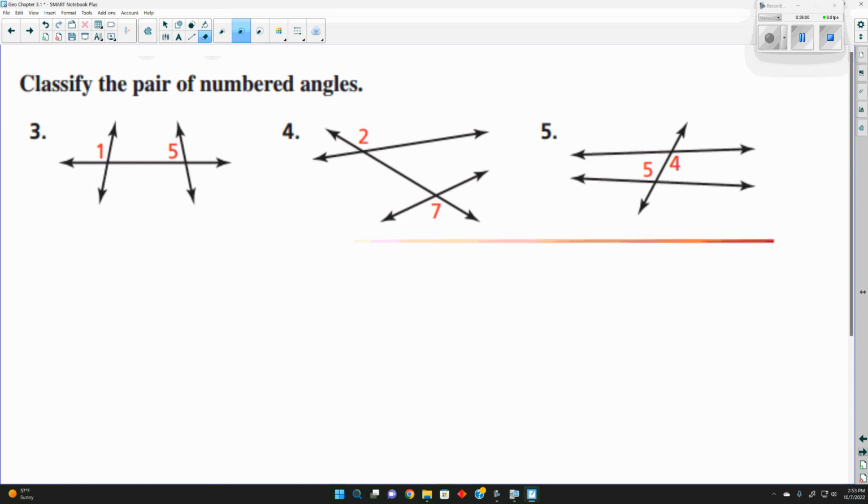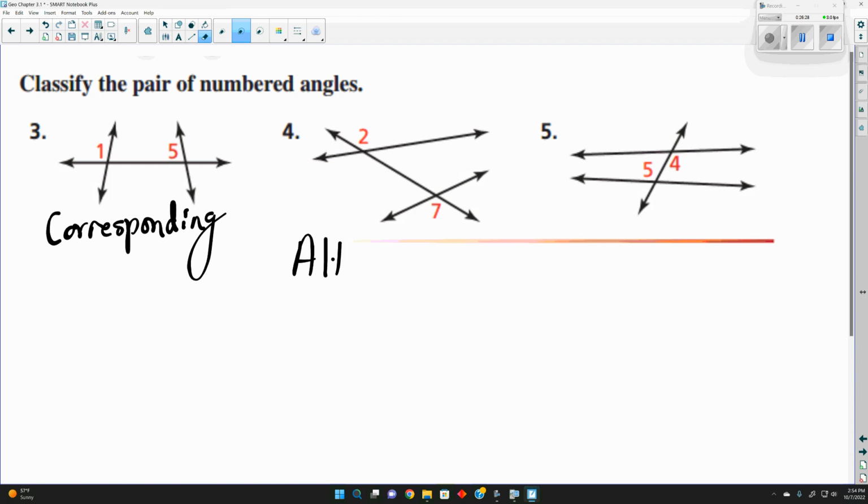So these last three here, because this is it, classify the pair of numbered angles. So 3, 1, and 5 are on the same spot, yes? So they would be corresponding angles, corresponding. How about 2 and 7? Alternate exterior.